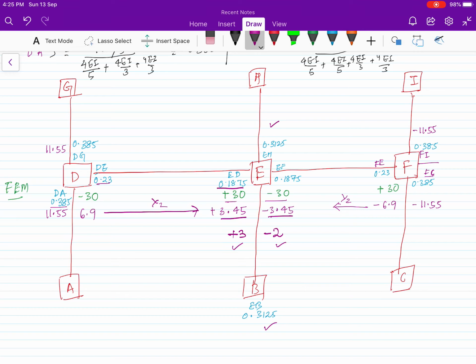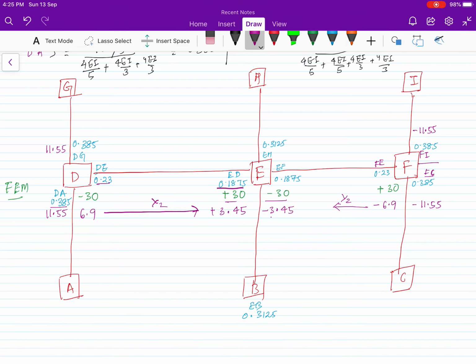So you would have distributed the unbalanced moment all over. But here, since there is no unbalanced moment, we are not going to have any further calculation at this point. Okay. So if you refer to the moment distribution of continuous beam, which I have solved for 3 span, you can see the difference.